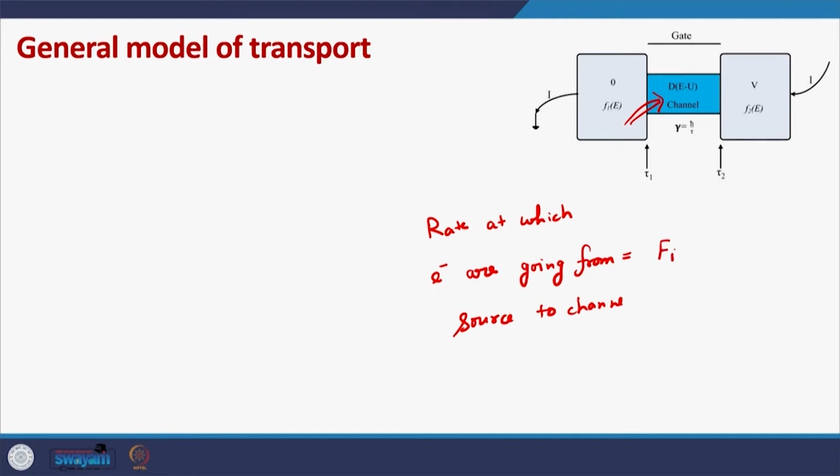In steady state we saw that F1 plus F2 is equal to 0, or F1 is equal to minus F2.